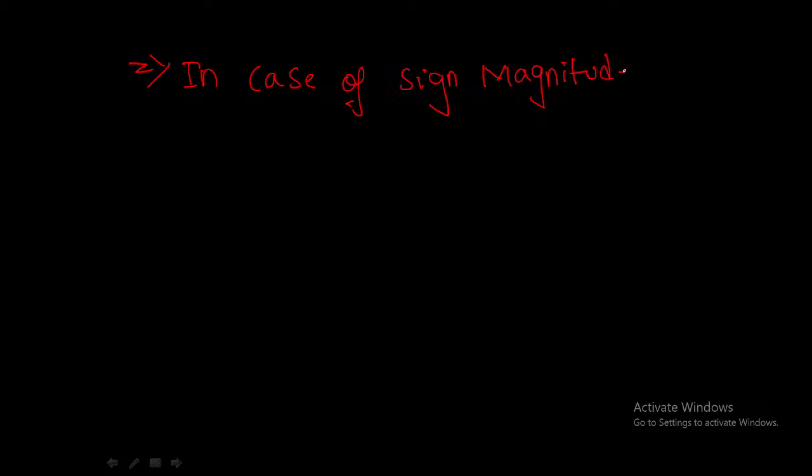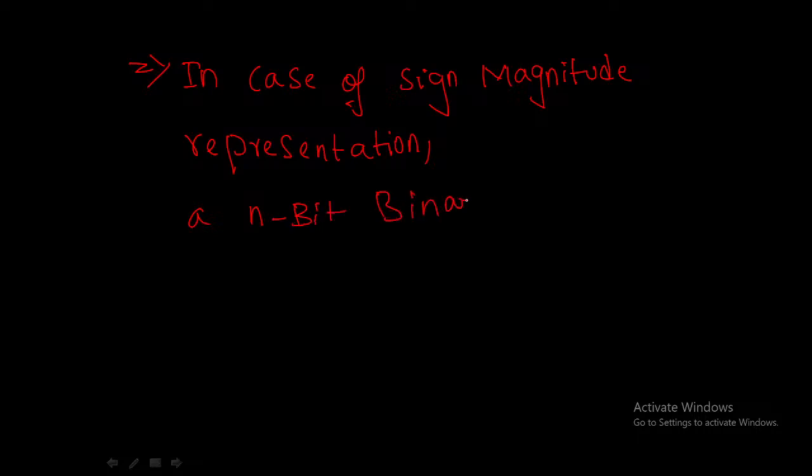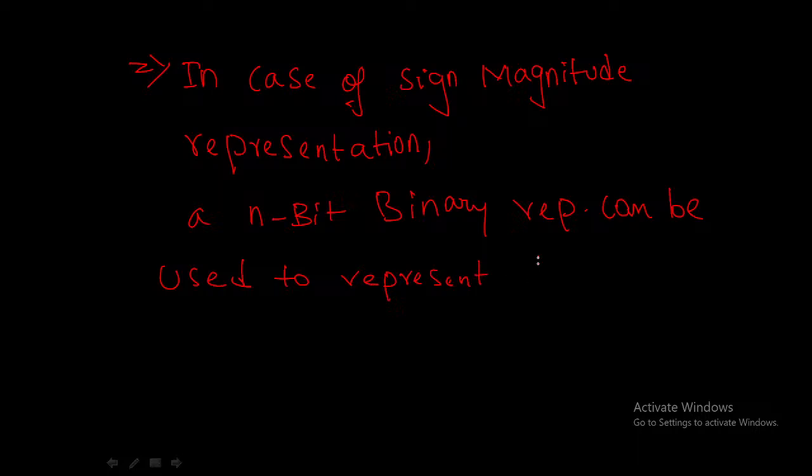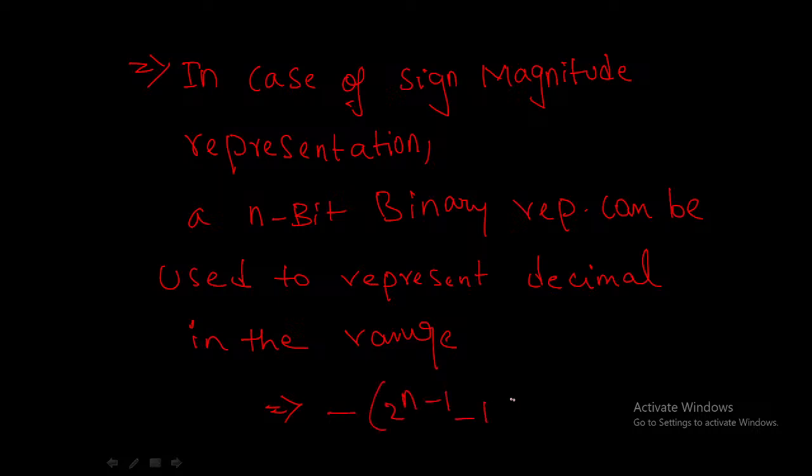Before that, one more small point. In case of sign magnitude representation, an n-bit binary representation can be used to represent decimal numbers in the range of minus 2 power n minus 1, minus 1, to plus 2 power n minus 1, minus 1.